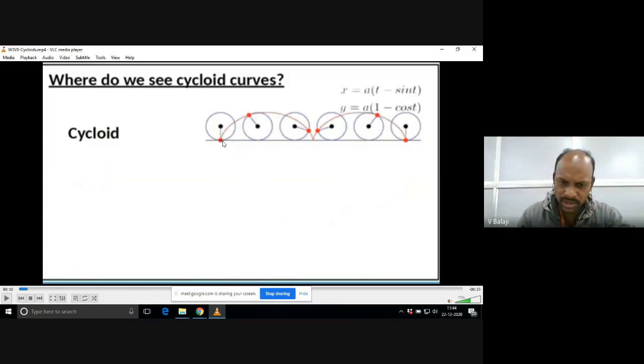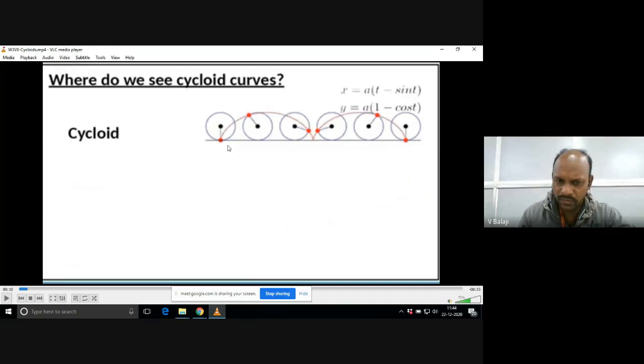What happens to this red point while it is rolling without slipping? Understand? It is rolling without any slip. Now tell me what happens. This point is moving. It comes to here, it comes to this place, it comes to that place. It changes its position.